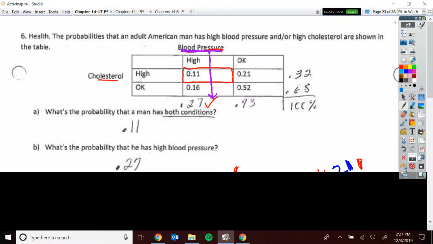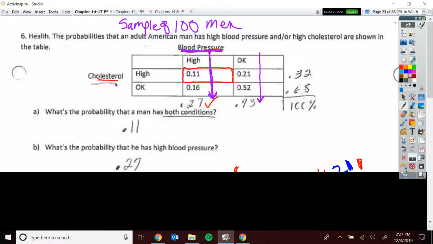I'm just going to pretend when I'm talking about stuff, let's just pretend that it's a sample of 100 men. Okay? But anyway, of those 100 men, 27 of them have high blood pressure and 73 of them are okay on the blood pressure. Okay? And so then you go the other way.